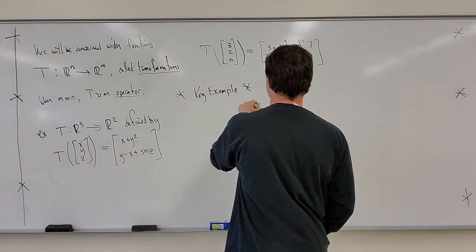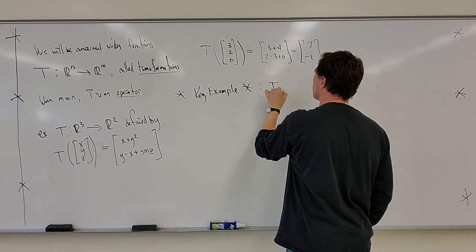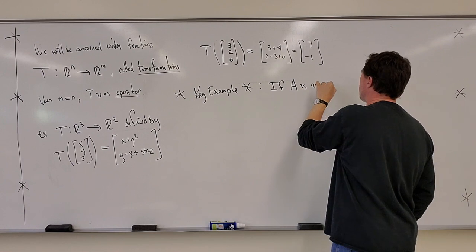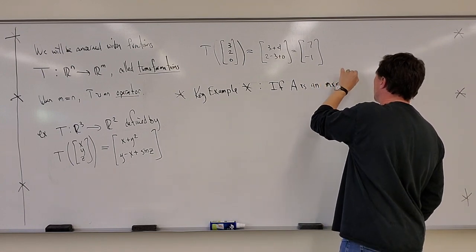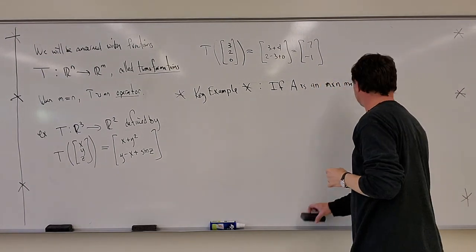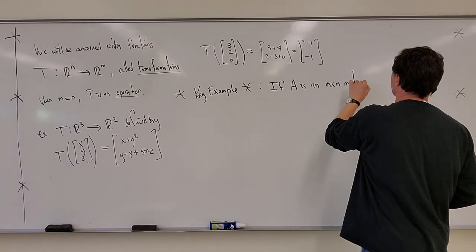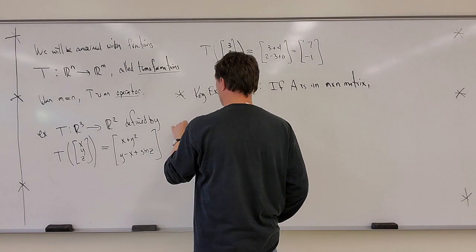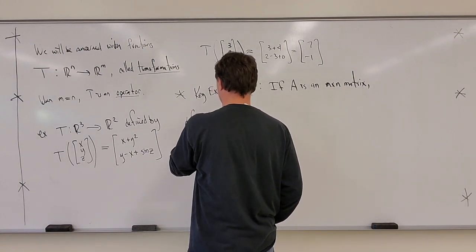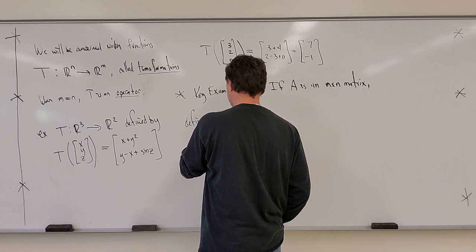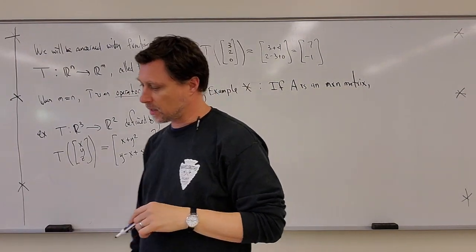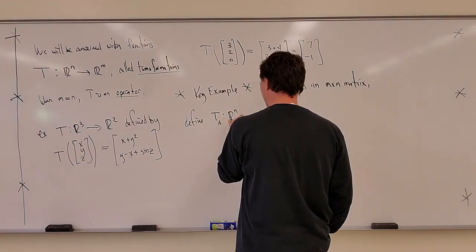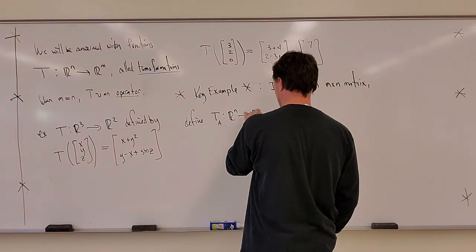So let's say that we have, if capital A is an m by n matrix, we can define, and I'm going to write it as T sub A, a transformation from Rn to Rm.